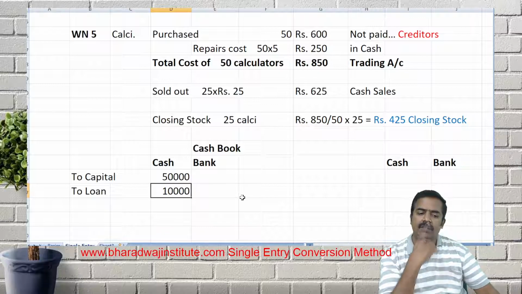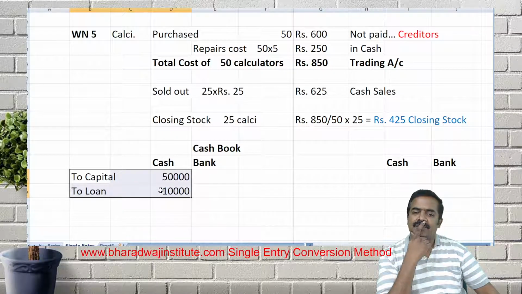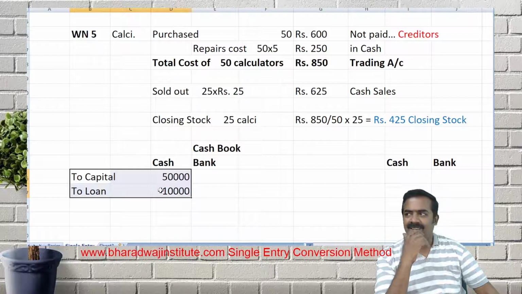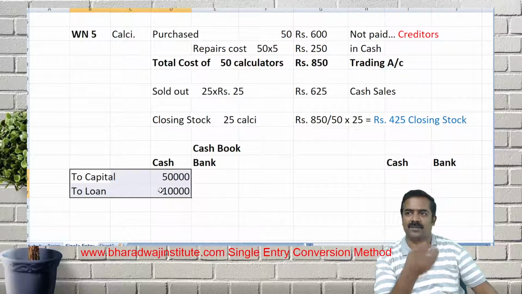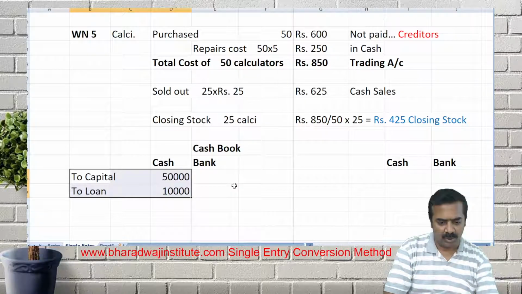Recent capital of 60,000. That is this. 50,000 capital, 10,000 loan. He will say capital, we will say capital. He calls 60,000 as capital. For us, accounting purpose, what is capital? 50,000. 10,000 will be taken as loan.